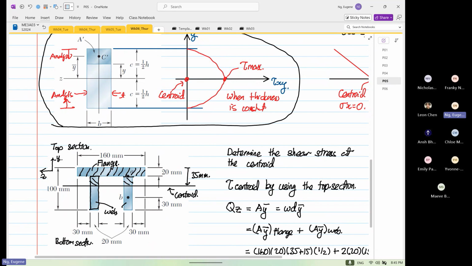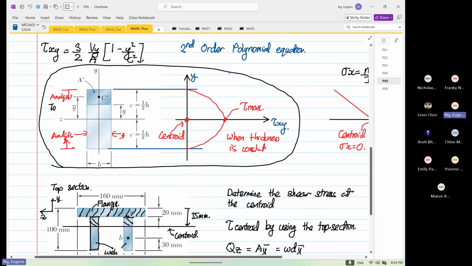Why are we focusing on the web? Because the centroid is in the web, right? So if we were to take either from the top or from the bottom, the first moment of area will be the same. I repeat again, the first moment of area should be the same. If it's wrong, something is wrong.